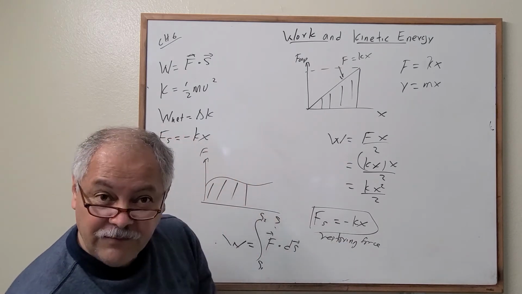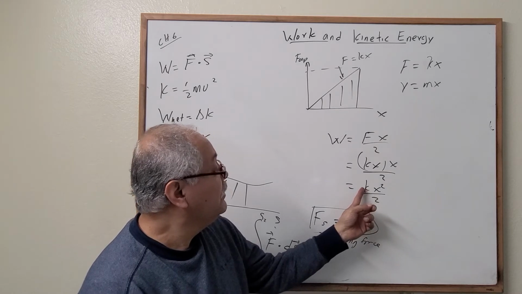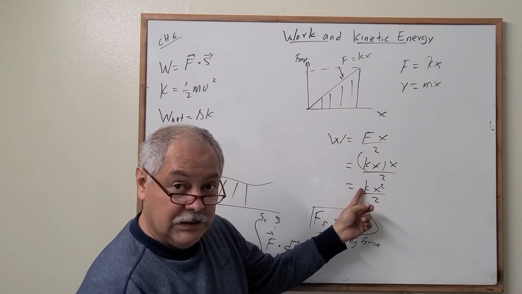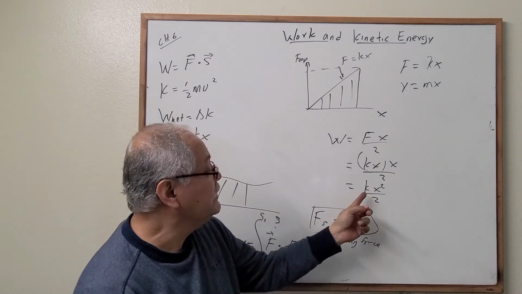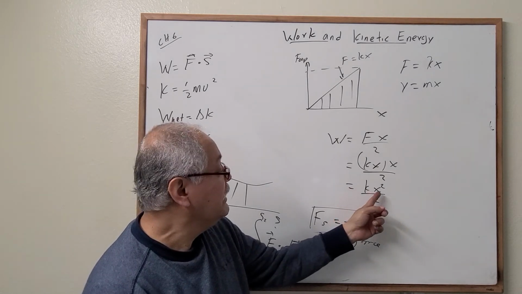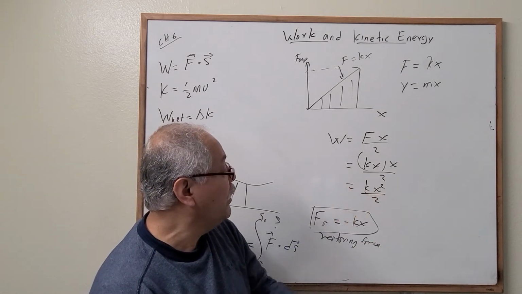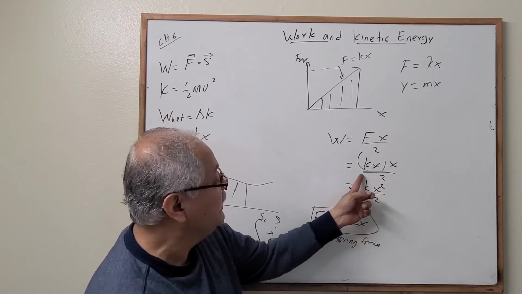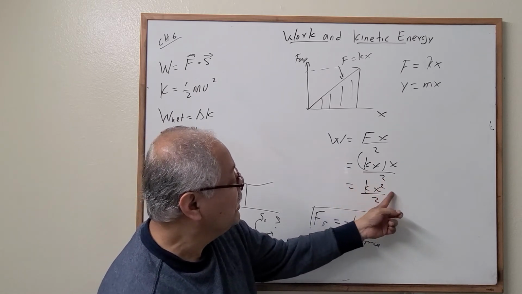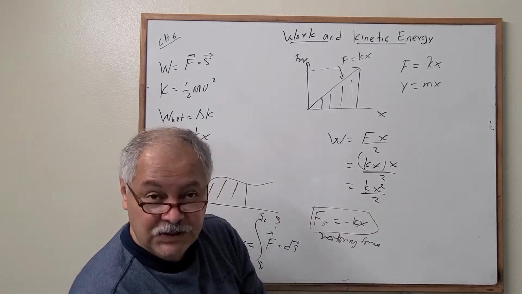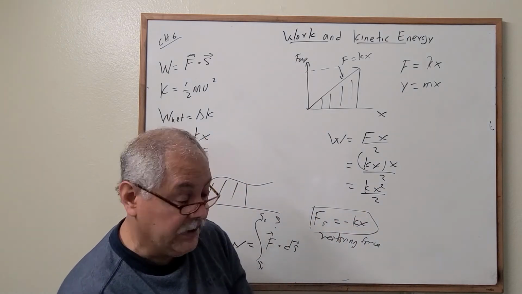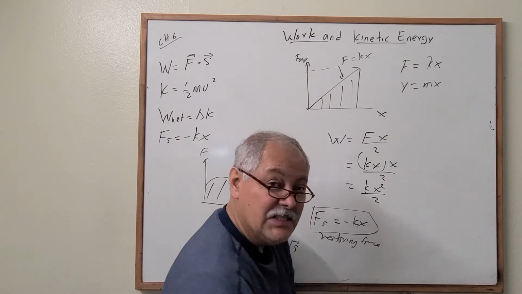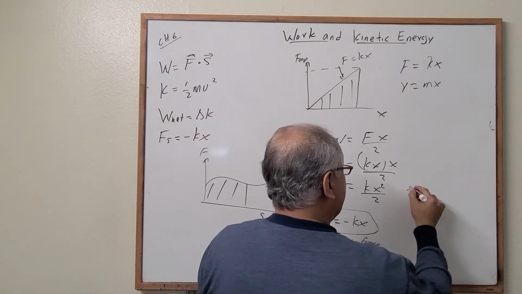Also, as before, we have a quantity, because it also has a unit. It's a constant too, times x squared. This creates a new quantity, which is defined as potential energy, elastic potential energy.